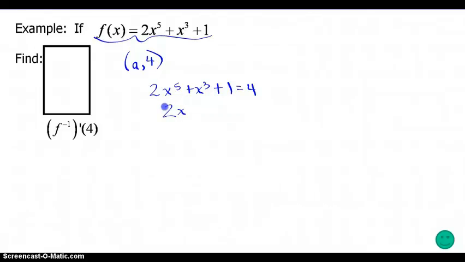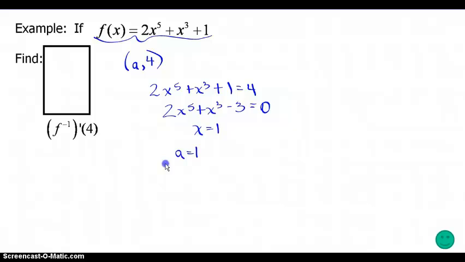So 2x to the 5th plus x cubed minus 3 equals 0. You can use your calculator, whatever you want to do, but we find out that x is 1. So for us, a equals 1.